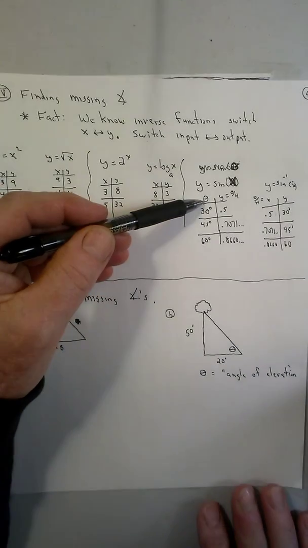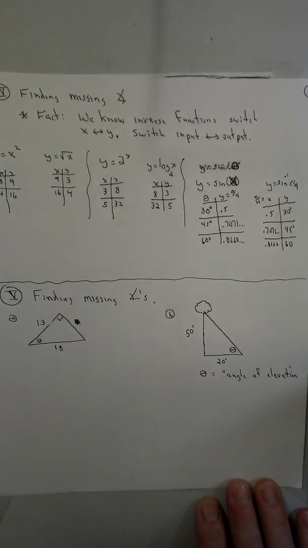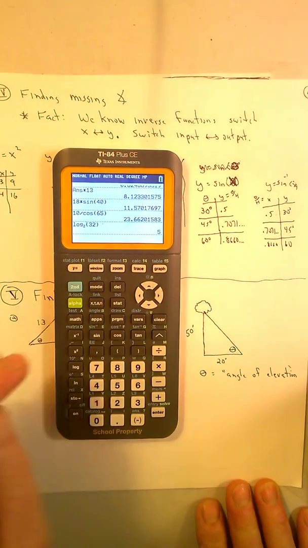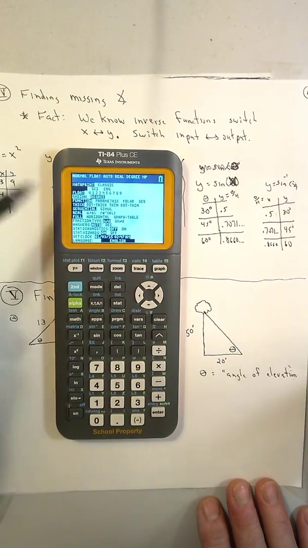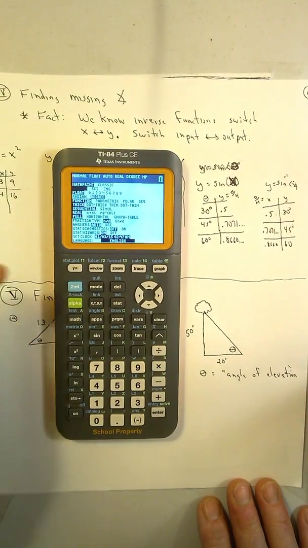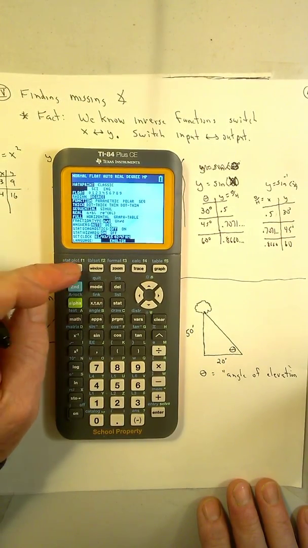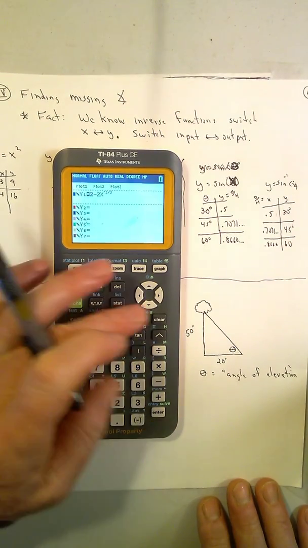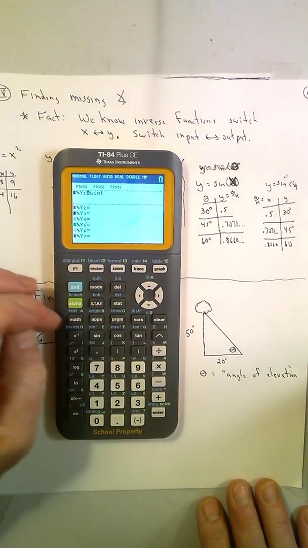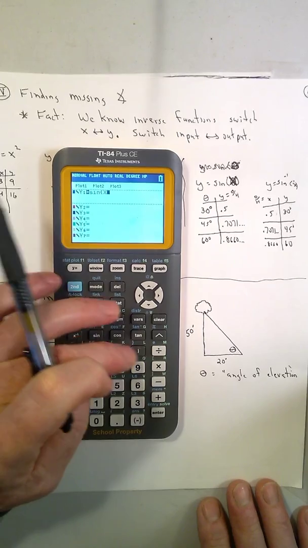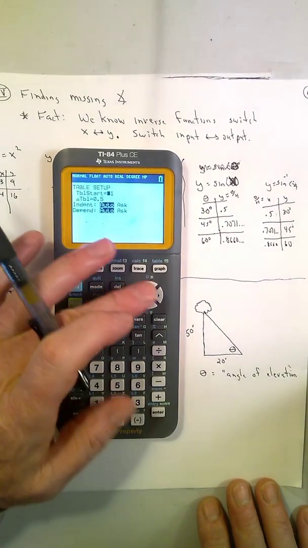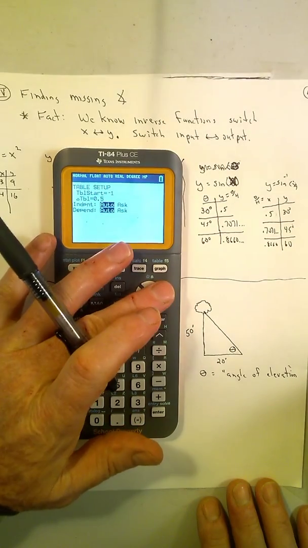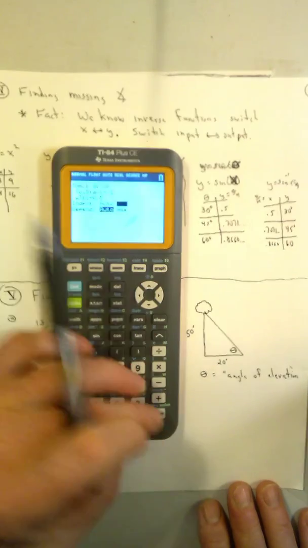Okay? So if I did the sine of 30, the thing to make sure of always is that my calculator is in degree mode. Now if you did y equals the sine of x, you have a function. Now I'm going to set my table to ask for the input.